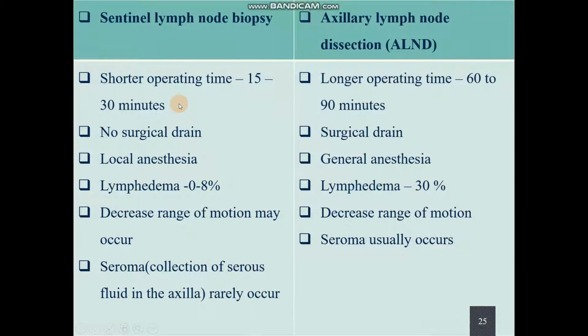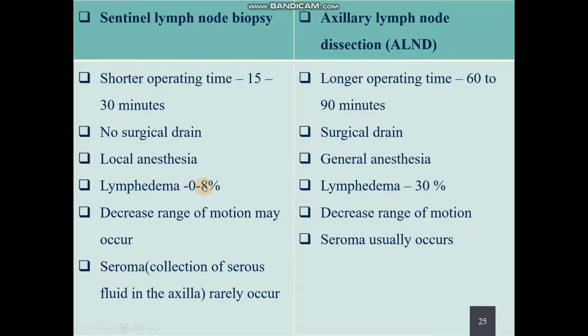Some of the differences. For sentinel lymph node biopsy, only 15 to 30 minutes is needed for operating, but for dissection it needs 60 to 90 minutes. No drain is needed after the biopsy, but after the dissection of ALND, a drain is needed. Here local anesthesia, but there general anesthesia.